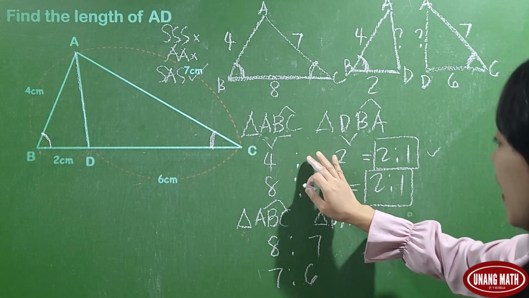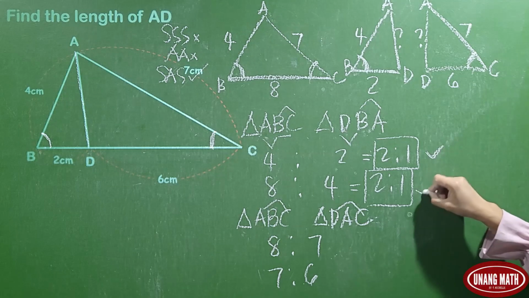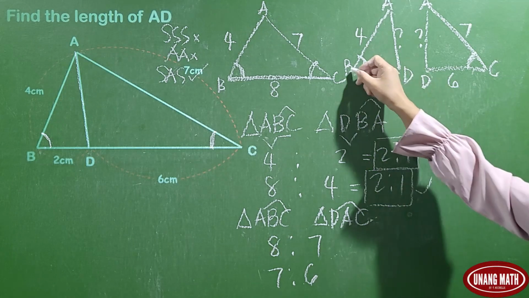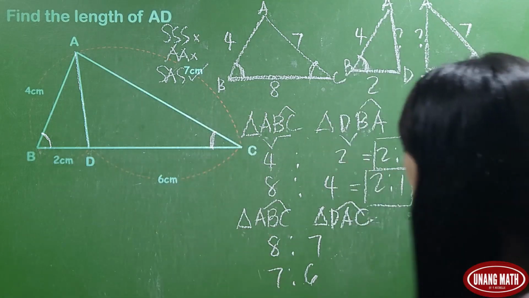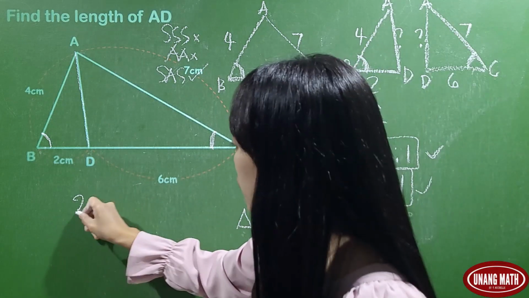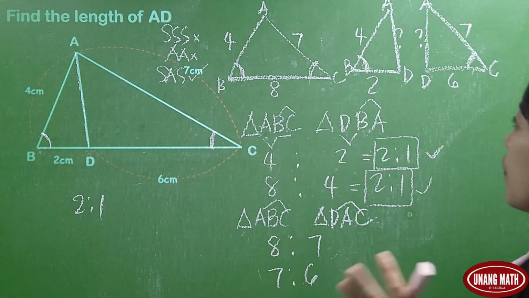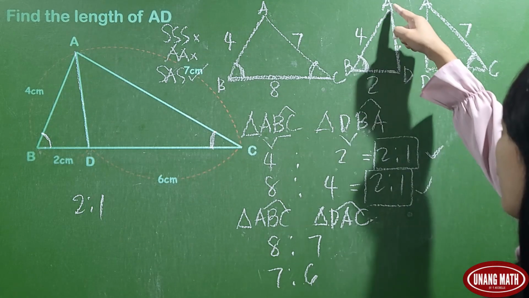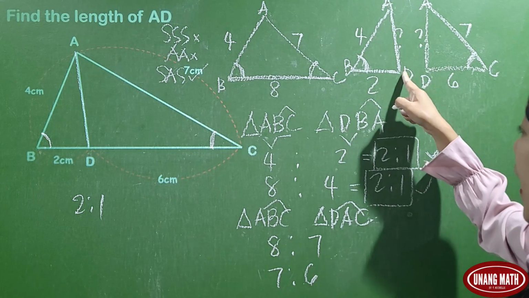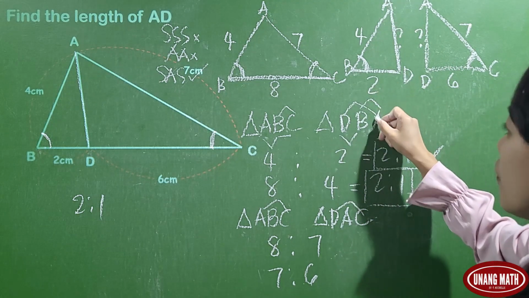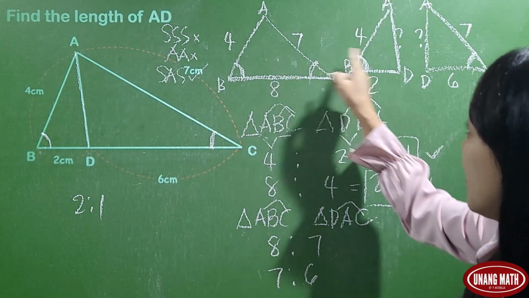So in here, we're going to use then this ratio 2 is to 1 to find out the length of AD. So the ratio is 2 is to 1. Okay, we are looking for this side, AD. AD corresponds to AC in this figure.